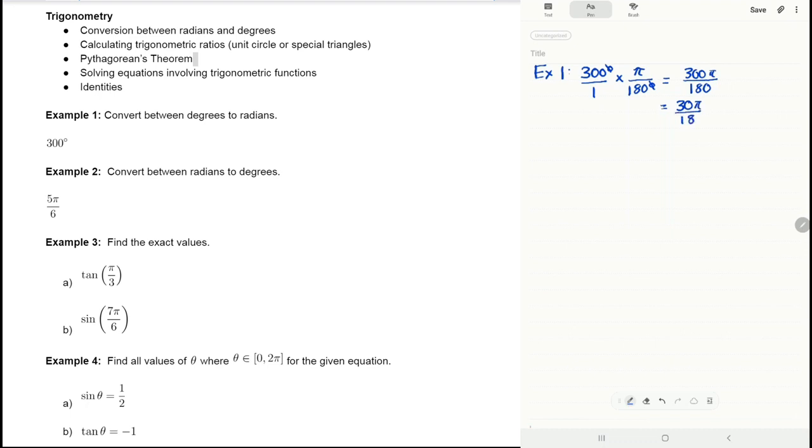We know that 10 is divisible by both 300 and 180, so this will be reduced to 30 over 18. And 30 and 18 are both divisible by 6, so we can further reduce this. So 30 over 6 gives us 5, and 18 over 6 gives us 3. So we have 5 over 3 pi radians.